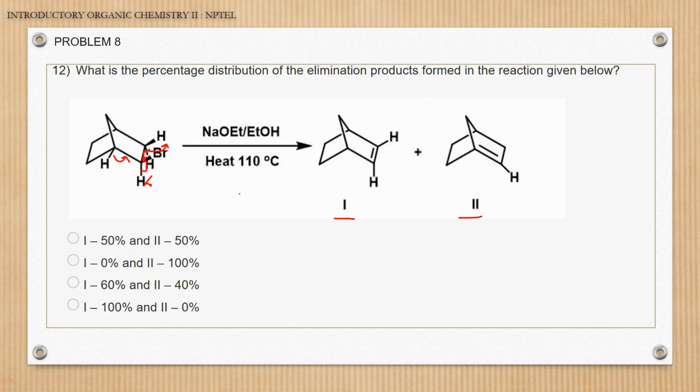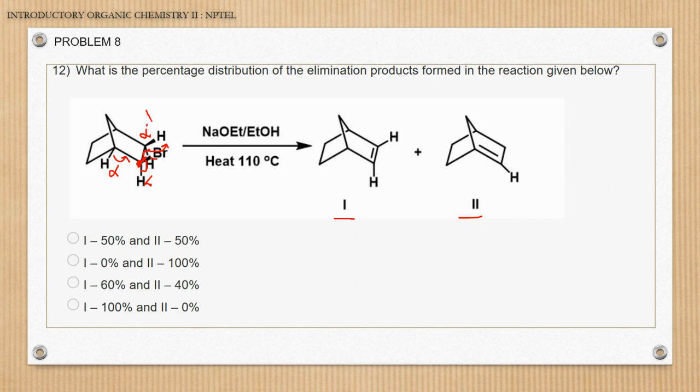So there could be two possibilities of the elimination, either this way or this way, right? Because Br is present at this position, either this proton or this proton present at the alpha position can go to form the double bond and Br will leave out. The first possibility is the removal of proton from this side.